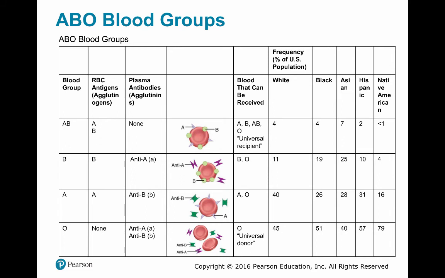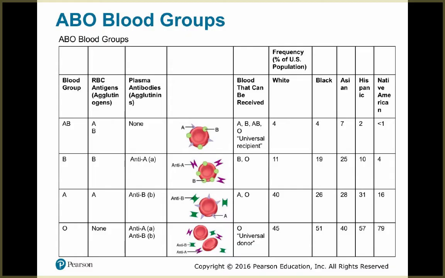Now, if you have B, then you're going to have the B antigen, and so you're going to make antibodies for A. For this one, you can receive blood from B and O. The population here is 11% of the white population, 19% Black, 25% Asian, 10% Hispanic, and 4% Native American. So you can see this one's a little bit more common than AB.